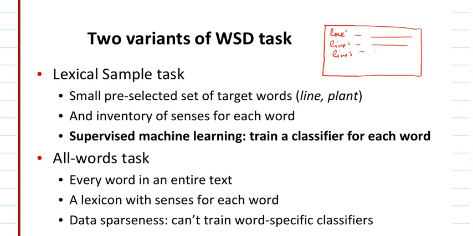Using this kind of inventory, we can train a classifier, a supervised machine learning algorithm, and then predict the correct sense for a test word. This kind of inventory is required in the lexical sample task.